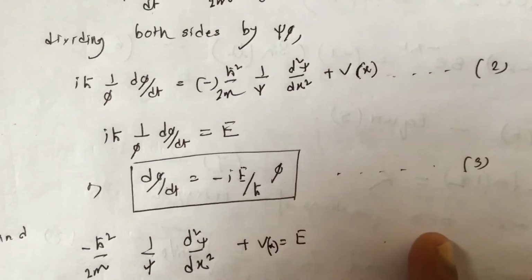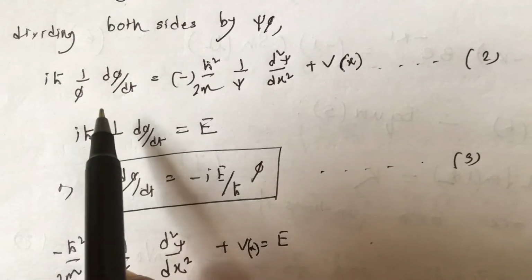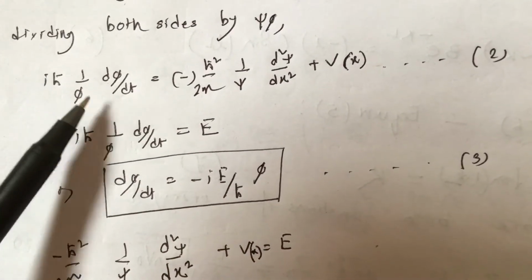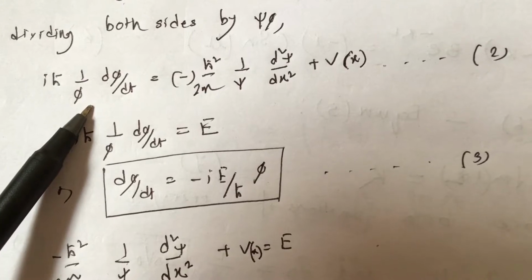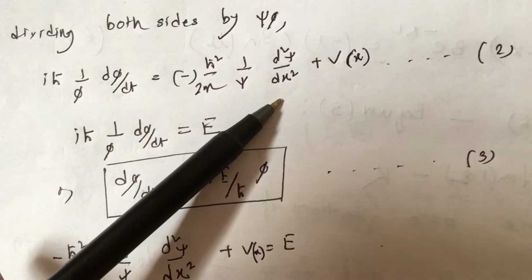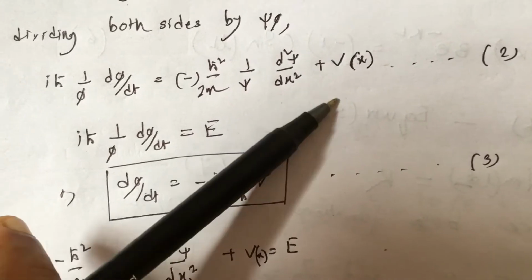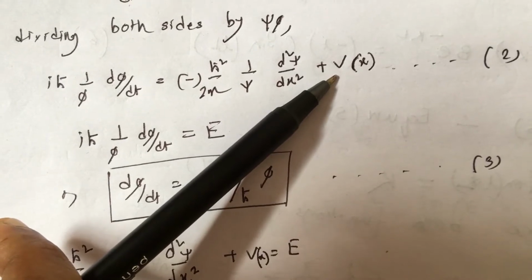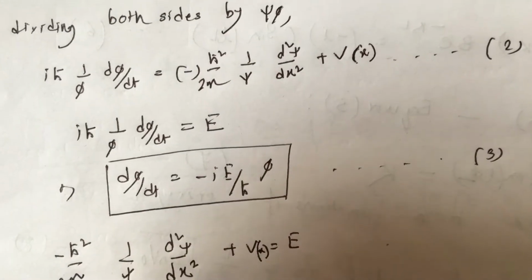Now equation 2 is a very important one, because the left hand side of the equation is entirely dependent on time explicitly, and the right hand side of equation 2 is entirely dependent on the space part, because I have already taken this potential as dependent on space only.